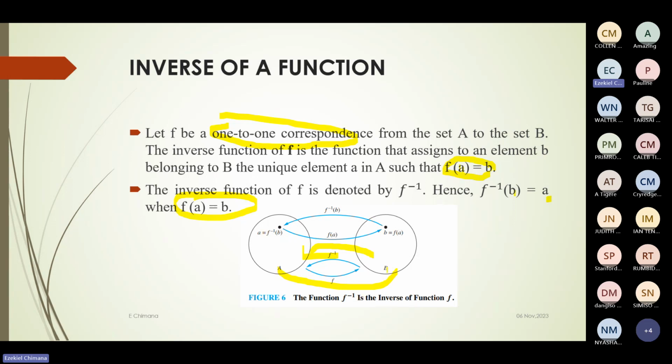From here to here, we are using f of a, and putting a, we get b, so b will be equal to f of a. Then using the inverse, a will be equal to the inverse of f at b. Whenever you put b in the inverse, you are going to get an a.